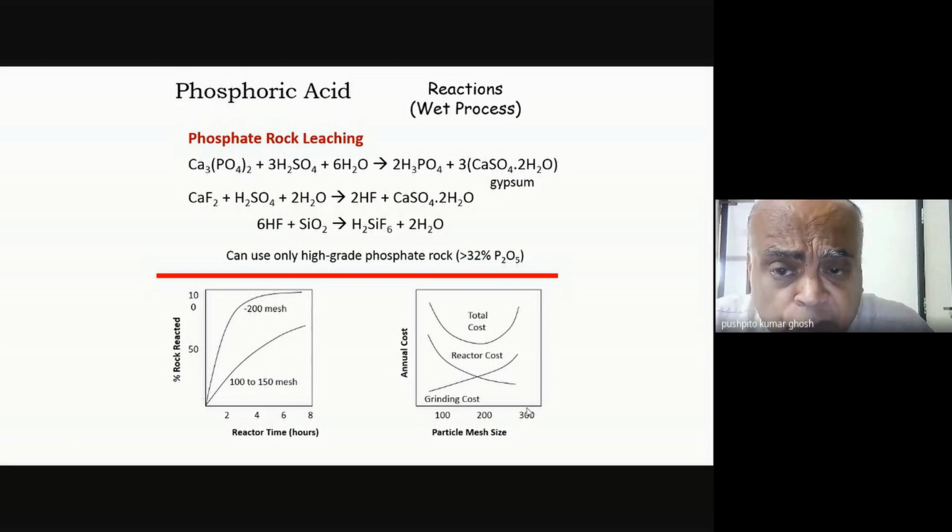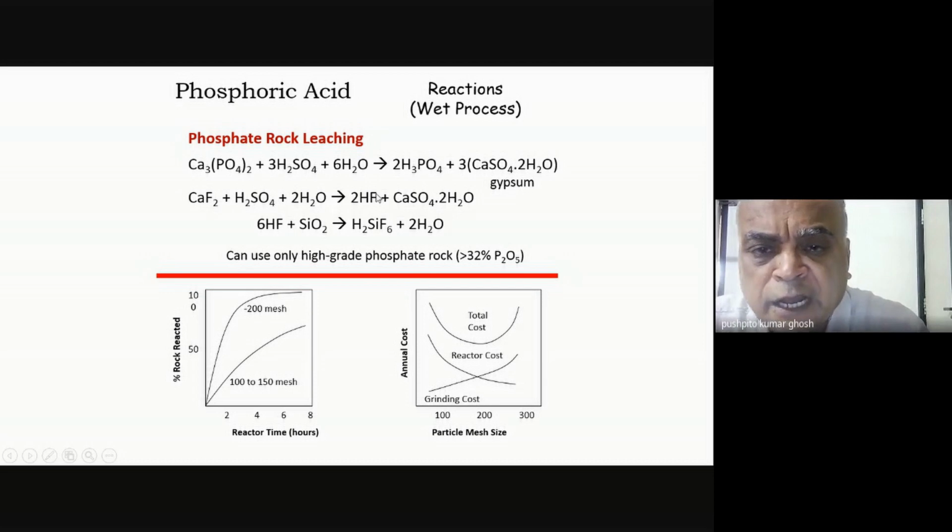Where this temperature is also very critical is that I told you that when I'm reacting with acid, not only am I getting phosphoric acid, but the fluoride, which you can think of as if it's present as calcium fluoride, reacting with sulfuric acid will form HF.